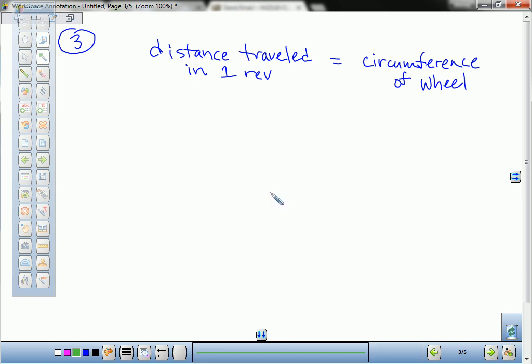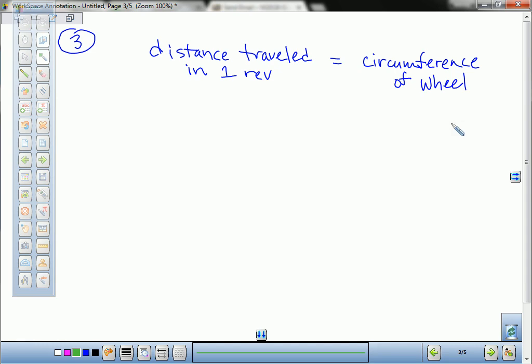Number 3 says, what angle in radians does a car wheel with a 35 centimeter radius turn if the car travels a distance of 12 meters? Does it make sense that the distance traveled in one revolution of a wheel, that linear distance, would be equivalent to the circumference of the wheel?